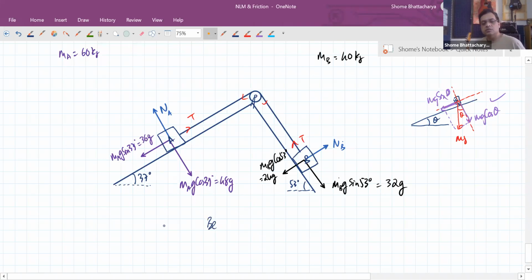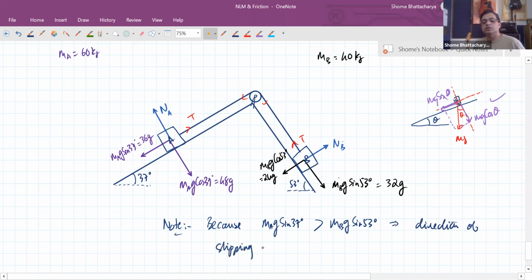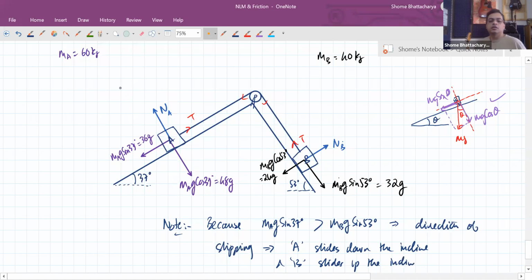We can see that because A's weight's tangential component is greater than B's weight's tangential component, the direction of slipping will be such that A slides down the incline and B slides up the incline. So now I know my direction of acceleration will be like this.